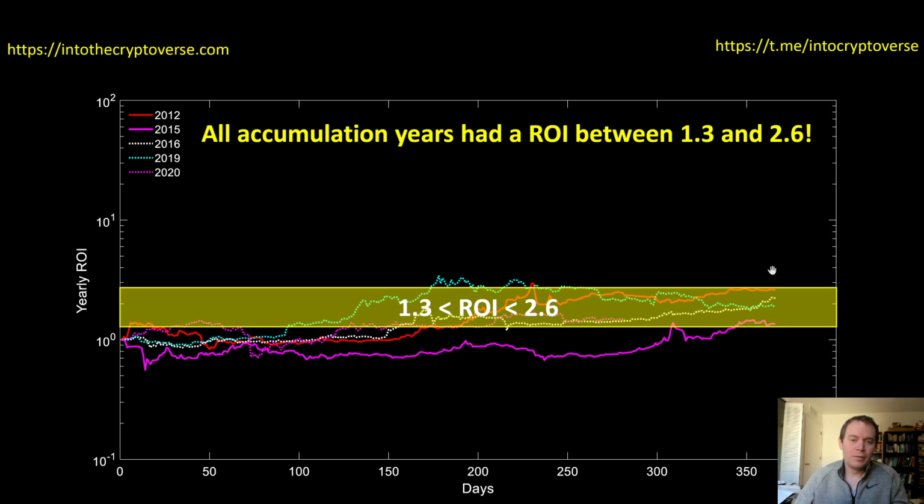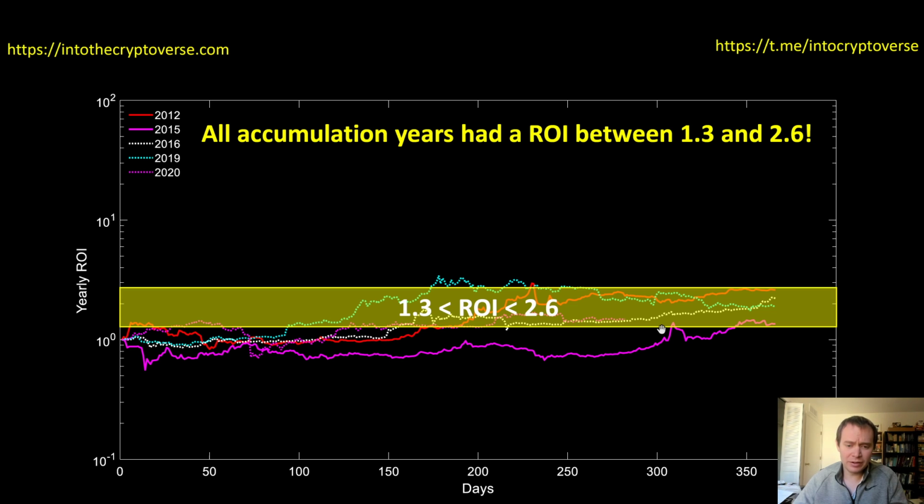So despite the fact that there could have been ROIs as measured from January 1st of any given year of 3, 4, 5, 6, 7, 8, and 9x, not a single year has yielded an ROI of that amount since inception of Bitcoin. In fact, we know that 3 of the years, 2011, 2013, and 2017, were above 10. 2014 and 2018 were below 1, so bad years.